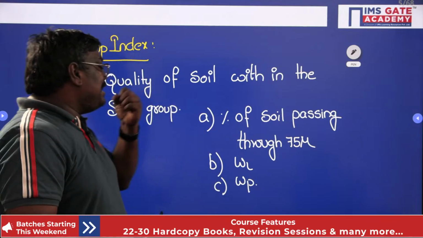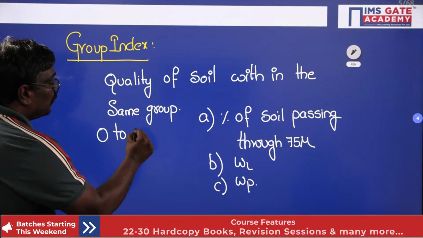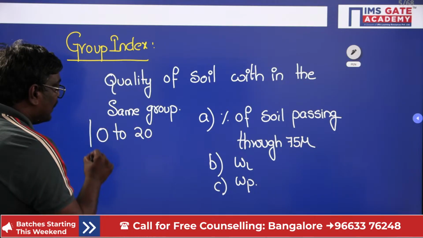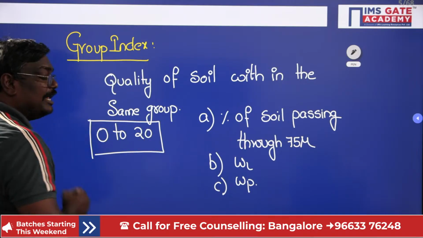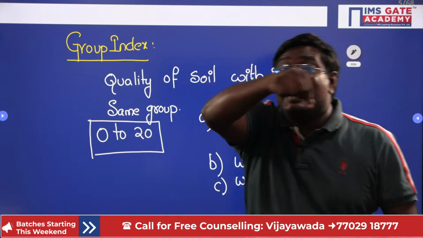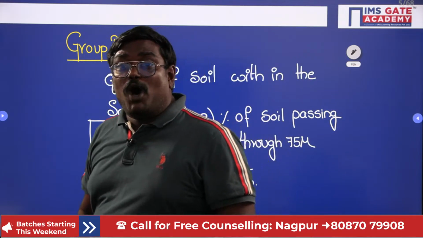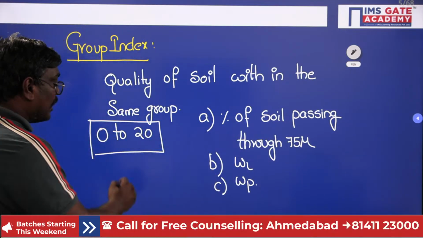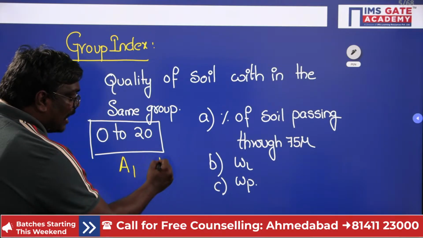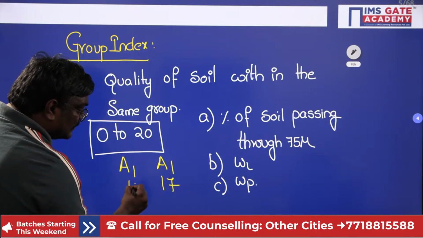So here, my dear students, group index varies from 0 to 20. And remember, my dear students, smaller the group index, better is the soil for pavement. Suppose Srujana has got A1 and I also have got A1, my number is 17 and Srujana's number is 15.